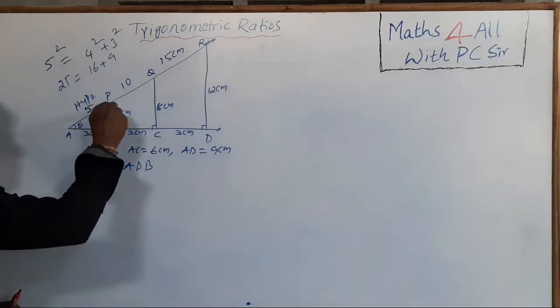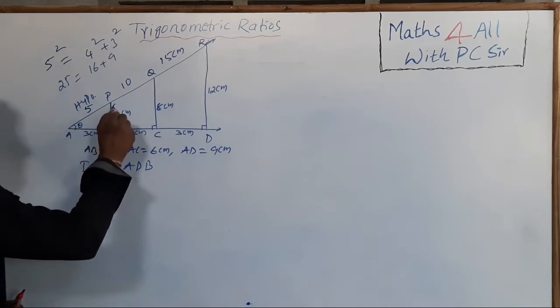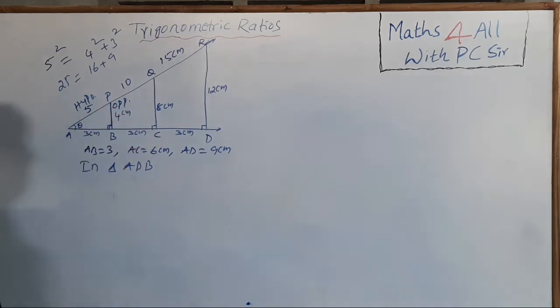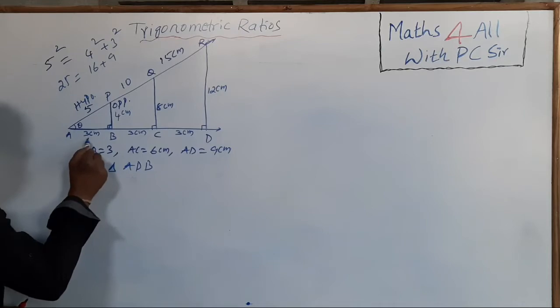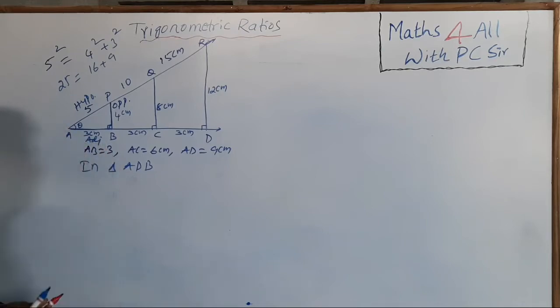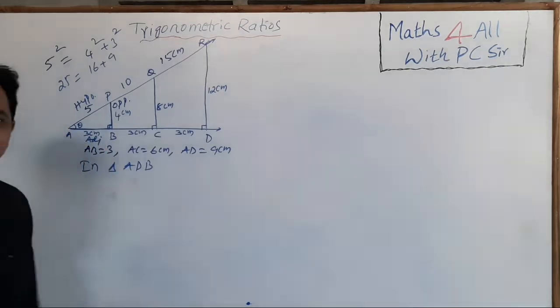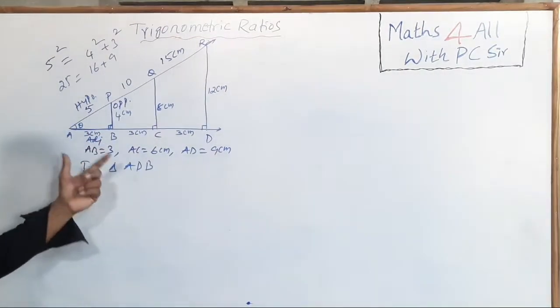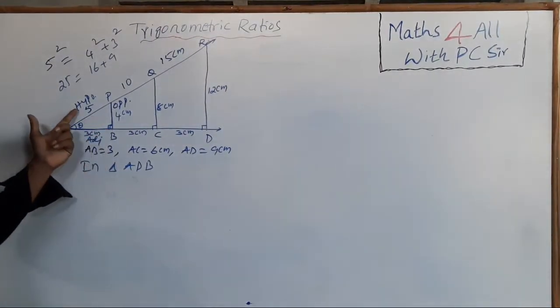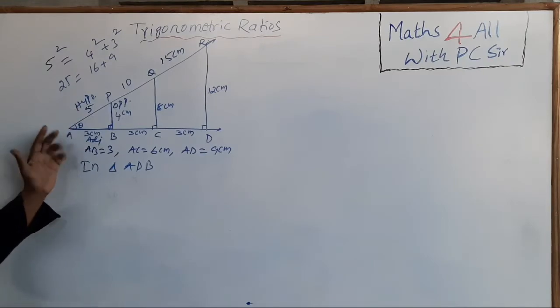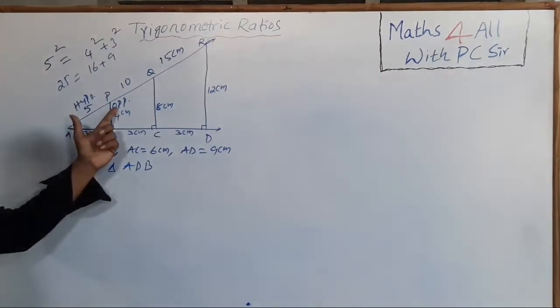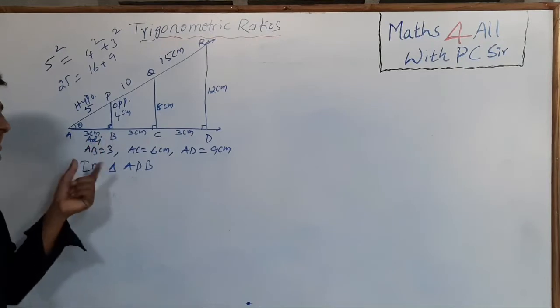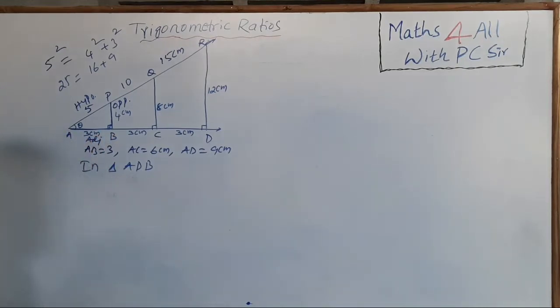The side opposite to the acute angle is said to be the opposite side. And this one, AB, is said to be the adjacent side. These are the names in right angle triangles: the side opposite to the right angle, hypotenuse; the side opposite to the acute angle, opposite side; and the side adjacent, adjacent side.